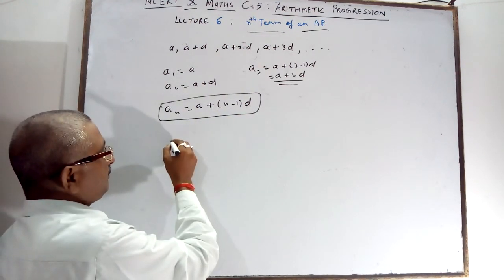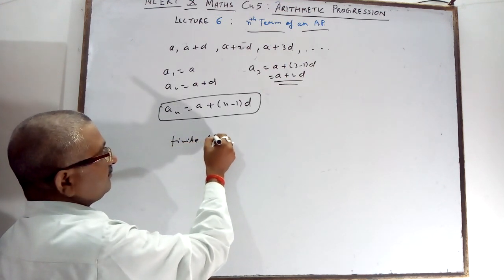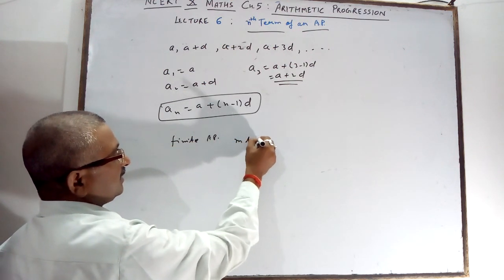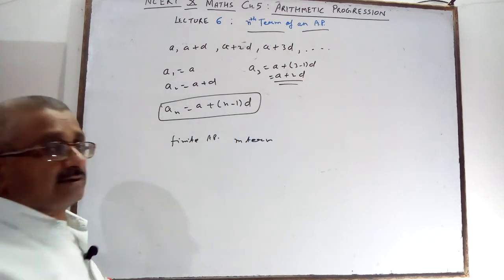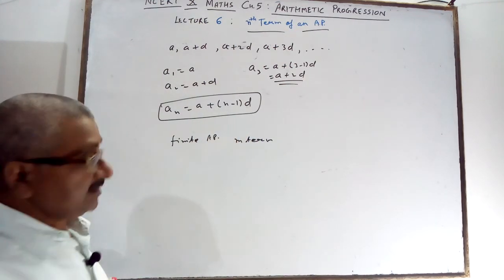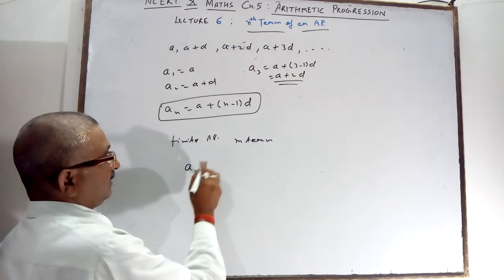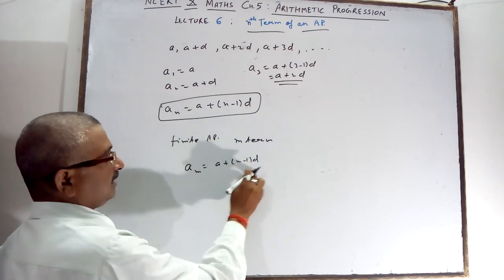But if an AP is a finite AP, and it is given that there are m terms in total, then the last term will be a_m. Therefore a_m is a plus (m minus 1) into d. It is the last term.